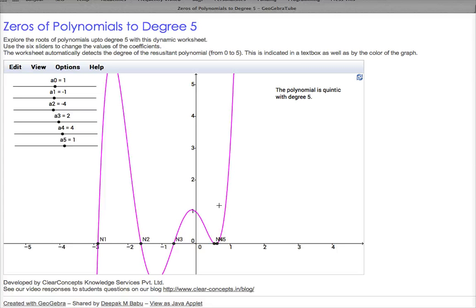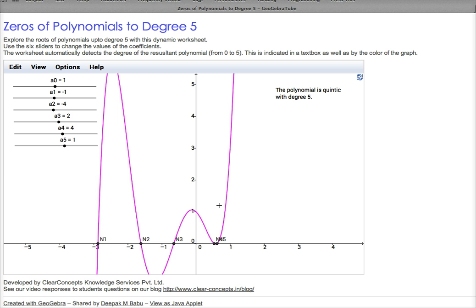If you set a5, which is the coefficient of x raised to power 5, to 0, then the value of x doesn't matter for that fifth order term, because it's always multiplied by 0. Do we agree with that? And therefore that makes it, instead of a fifth order polynomial, a fourth order polynomial.